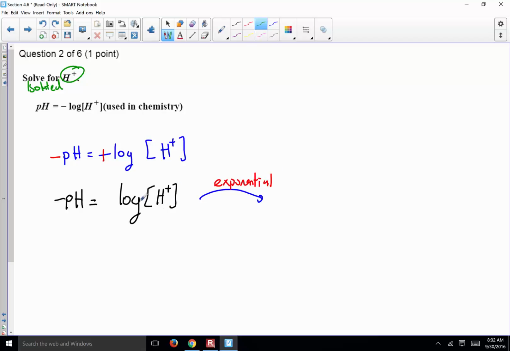So you need to do this circle, box, and triangle reformulation, replacement. Remember back in the first week of logarithms? If you want a logarithm gone, you need to flip these box, circle, triangle triplets and get things in exponential.